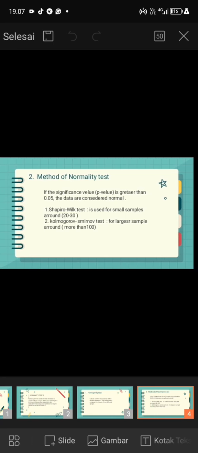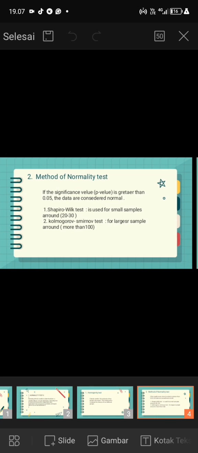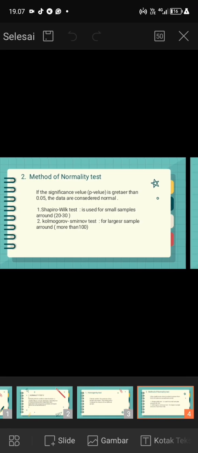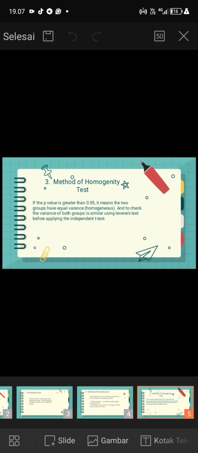Here are the methods of normality test. A common way to test normality is using the Shapiro-Wilk test for small samples, around 20 to 30 samples, or the Kolmogorov-Smirnov test for larger samples, more than 100 samples. For the normality test, if the significance value, p-value, is greater than 0.05, the data are considered normal.